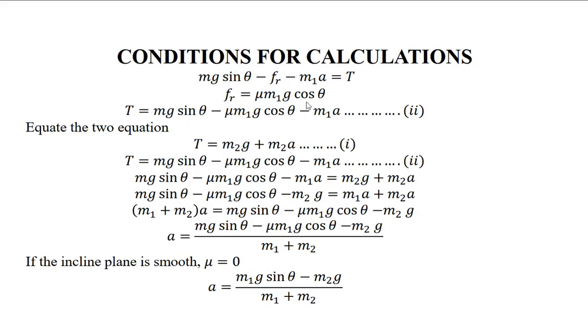If we substitute our frictional force, know that the mass here is M1. Take note in this condition, M here is M1. If we make the acceleration the subject of the formula, we will have this relationship. If this plane is smooth, we'll have this as the acceleration of the system.